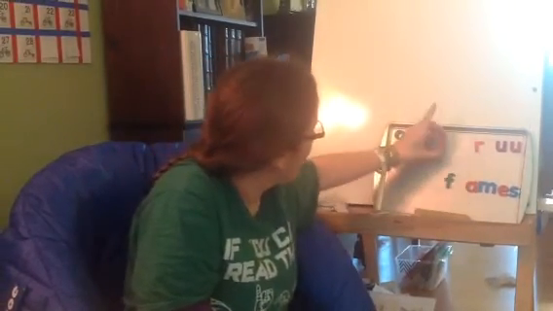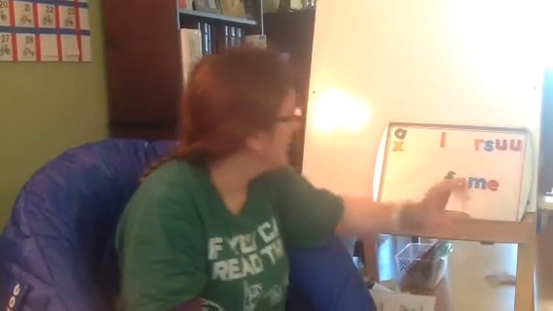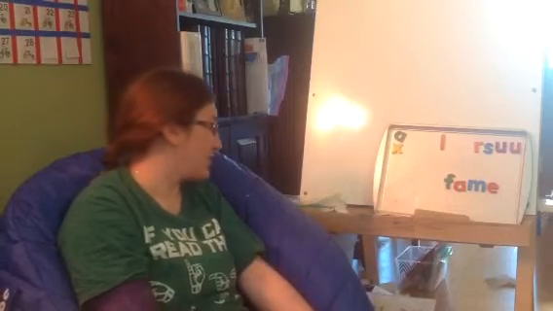Then I'm going to get rid of my L and my S, and I'm going to push together what I have left to make the word fame. This is like a short word for famous. So if you sing on TV or if you play a sport on TV, you would have a lot of fame. If you don't have fame, you can add it to your list.